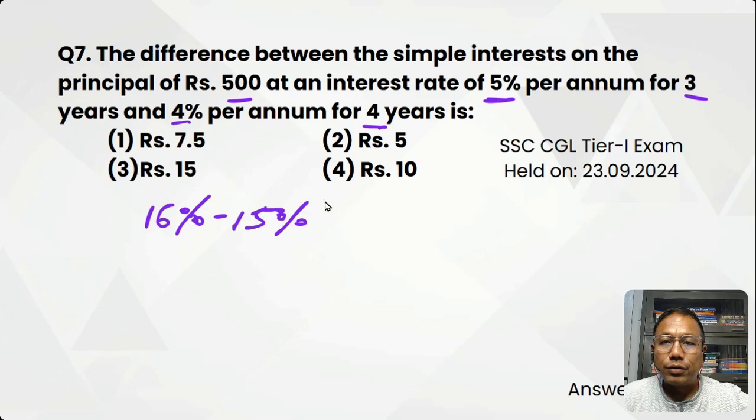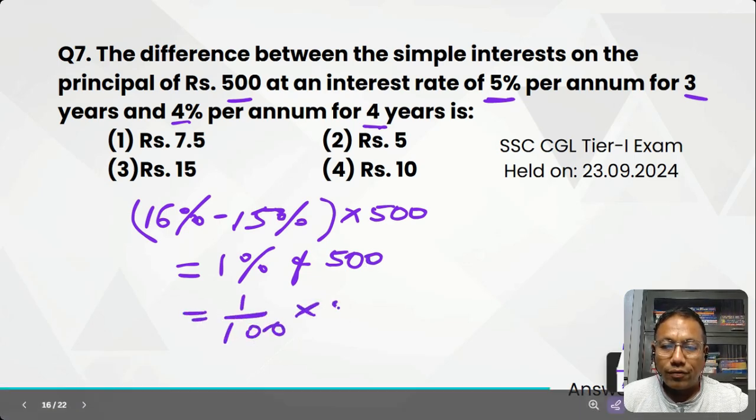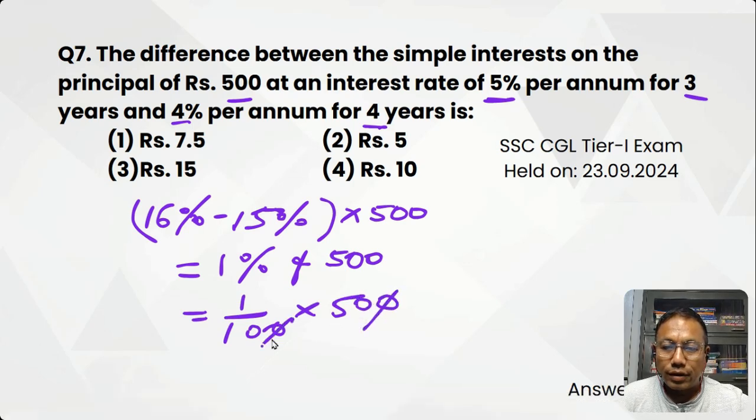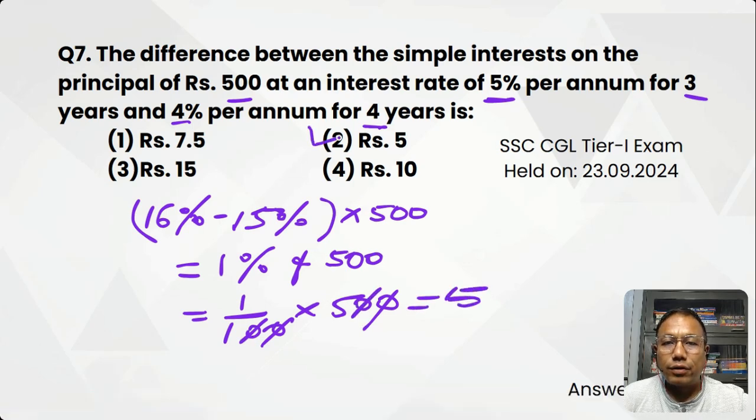The difference between these two is 1% of 5,000. What is this? 1% means out of 100 of 5,000. 0, 0 cancel, 0, 0 cancel. We have 5. The answer is rupees 5. 1% of 5000 is 5. This is an SSC CGL Tier 1 previous year question.